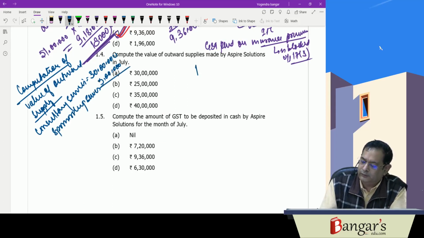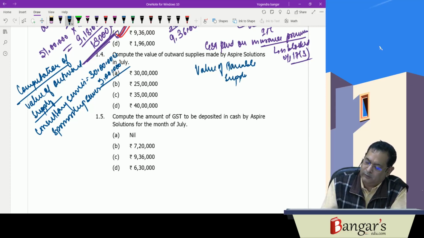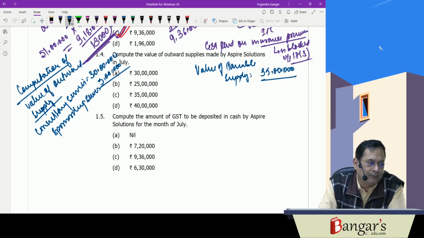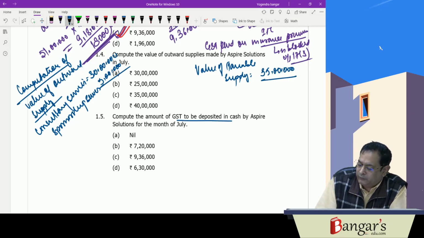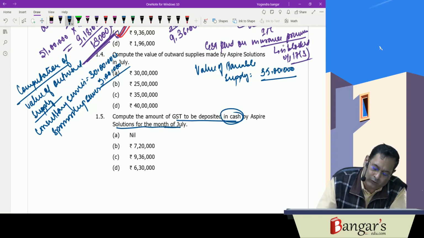So here the value of taxable supply will be how much? 35 lakh rupees. The value of the taxable supply. Now they are asking, compute the amount of GST to be deposited in cash by Aspire Solutions for the month of July. So in relation to what?